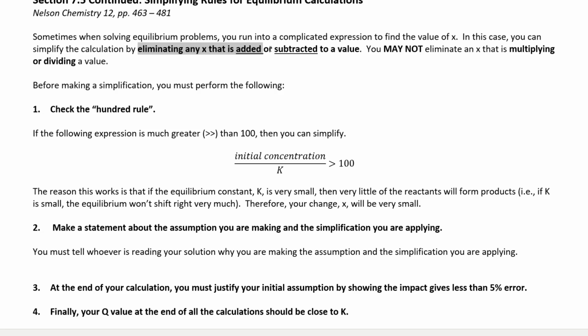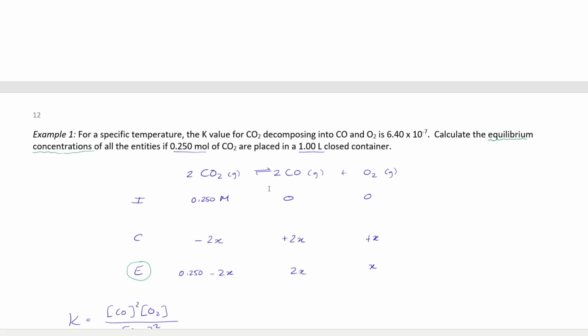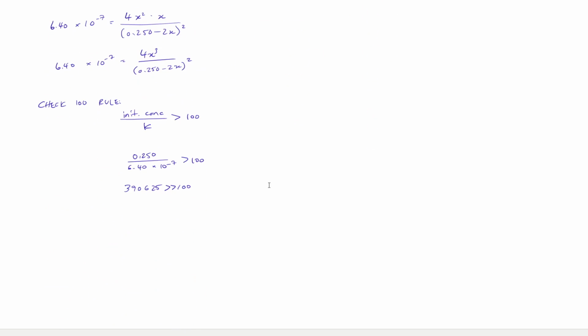I can eliminate any x that is added or subtracted to a value because it is extremely small. I cannot, however, eliminate any x that is multiplying or dividing a value. So this is my assumption.